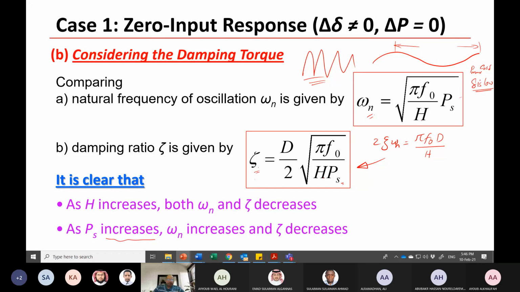Yes, Doctor. Yes, please. For a small machine, for example, when the generator is on load, the oscillation should decrease.